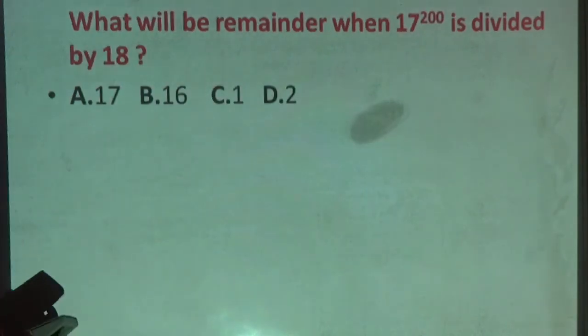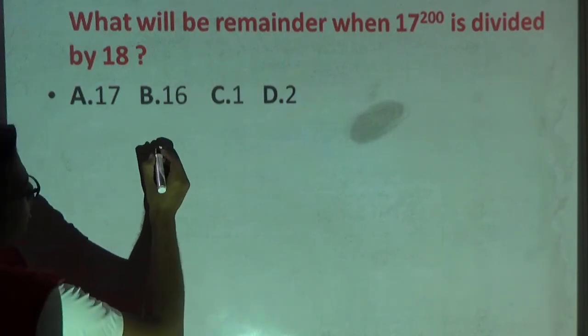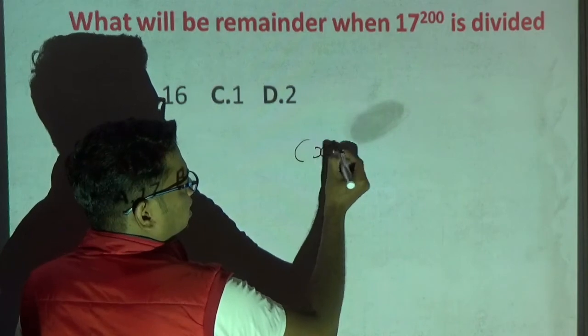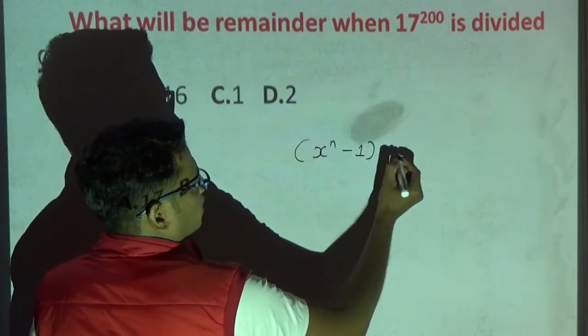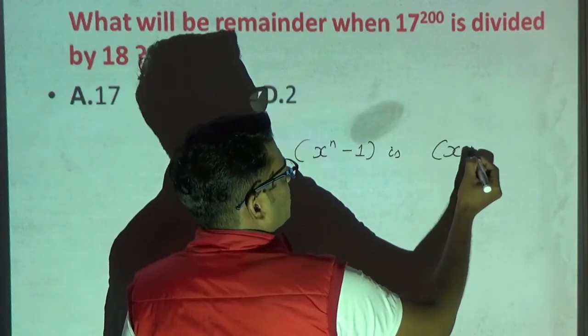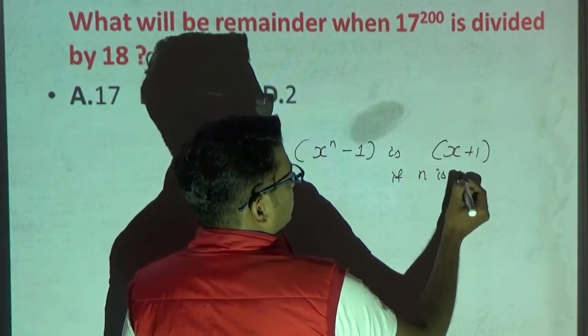Next question. What will be the remainder when 17 power 200 is divided by 18? Now please hear. I know that x power n minus 1 is completely divisible by x plus 1 if n is even.